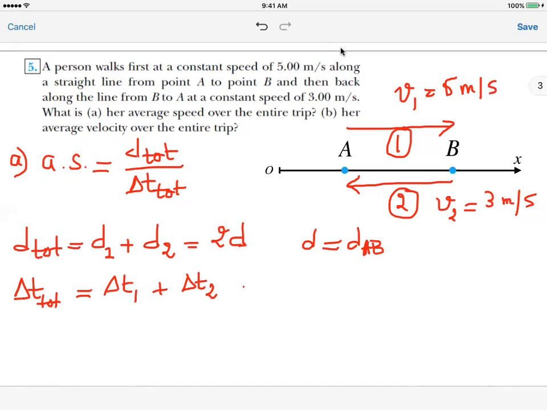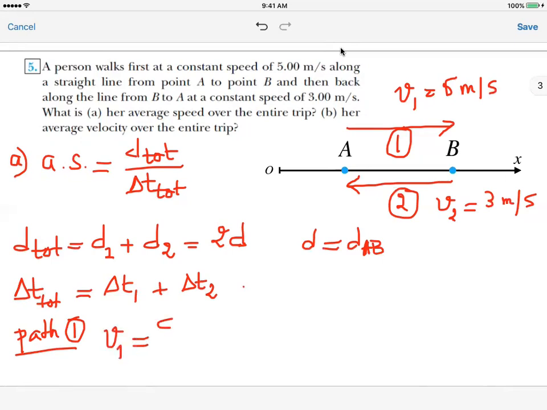What do we know about path number 1? What we know about this path is that the particle travels along it with a constant speed of 5 meters per second. So we can say that v1 is the speed.